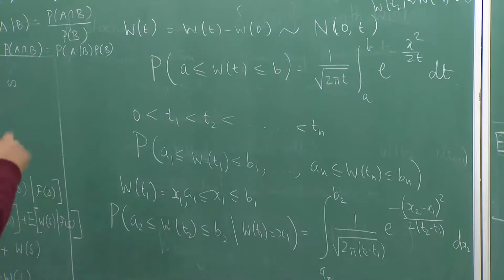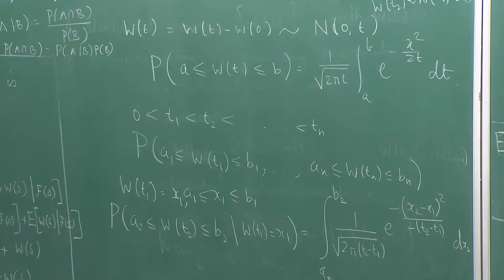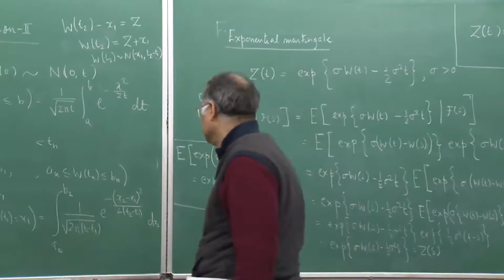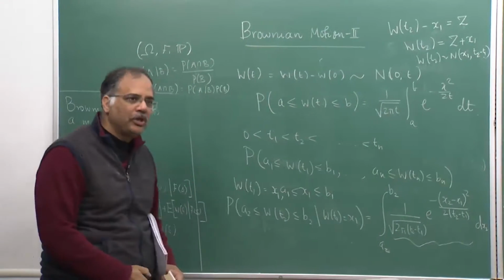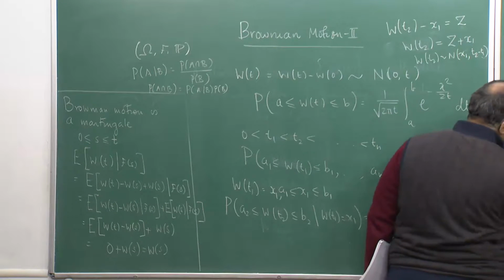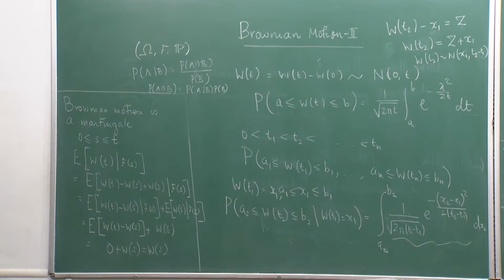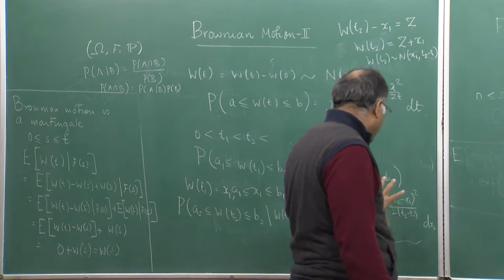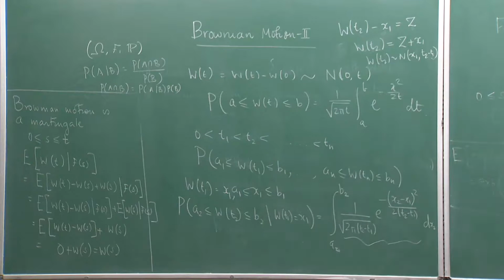Now if I want to write the joint probability, this is my conditional density function, and thus I can write the conditional density function in a more compact form, but let us do the general form and then we will tell you how to write it.